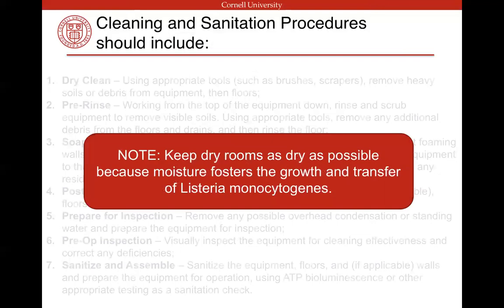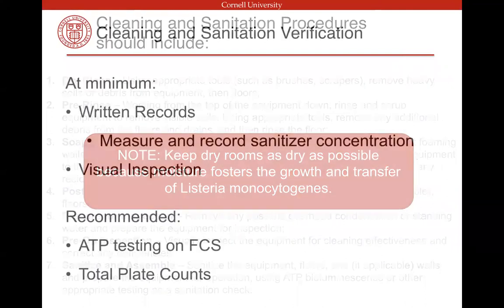Another thing that I want to note that's in this draft guidance is they talk about keeping dry rooms as dry as possible, because water is really critical for the growth of Listeria. So if you've got a dry room, you don't want to be getting it wet, and definitely not during production. So you can really do a dry clean in those drier rooms.